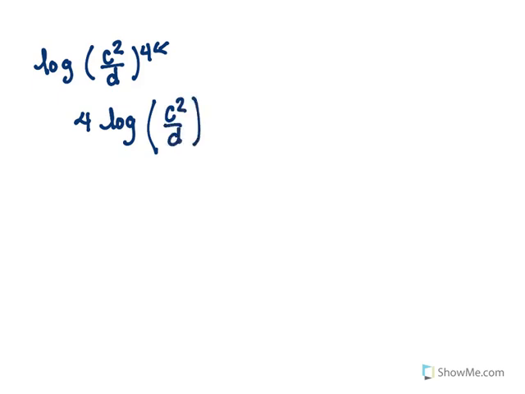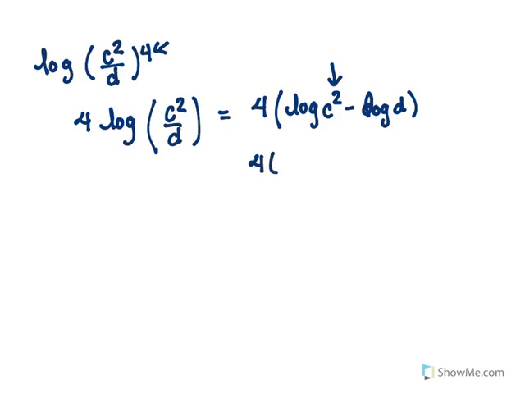Now remember, when we see division, we do subtraction. So that's going to be 4 times the log of c squared minus the log of d. And then I can deal with this exponent right here.